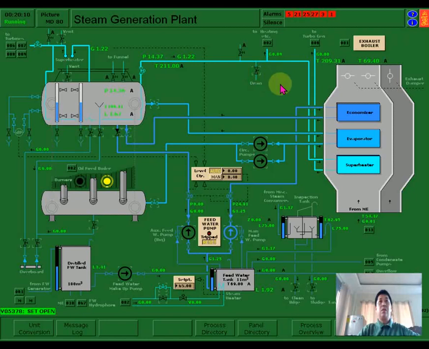It takes a lot of time to respond. I already opened it, but it's not yet opening, so we will wait. Now it's opening. I want to reduce the steam pressure to 7 bar, so we will wait.